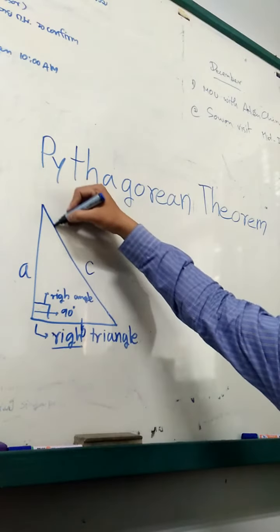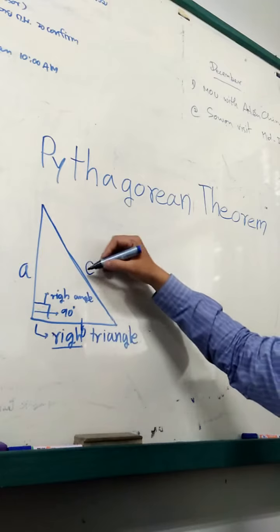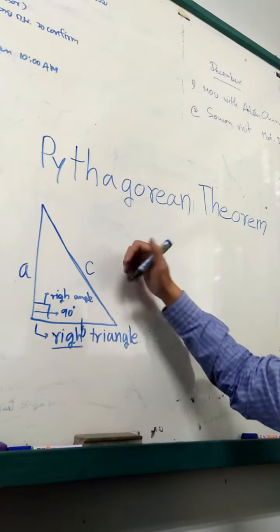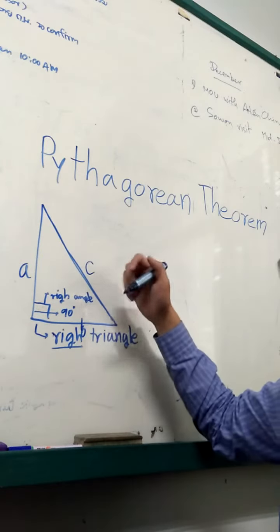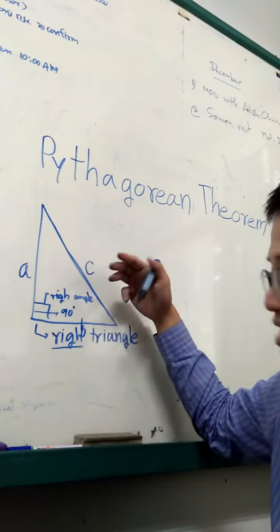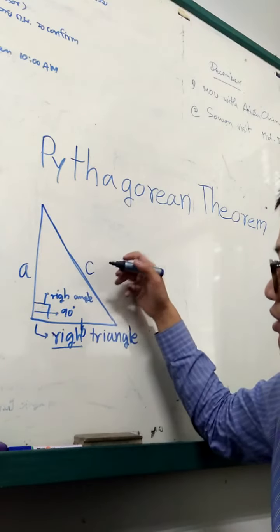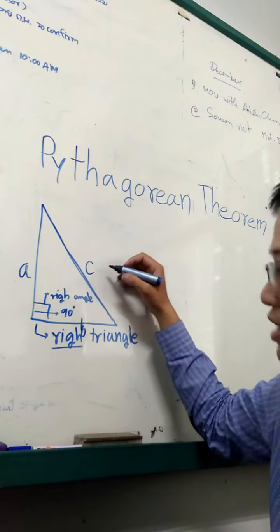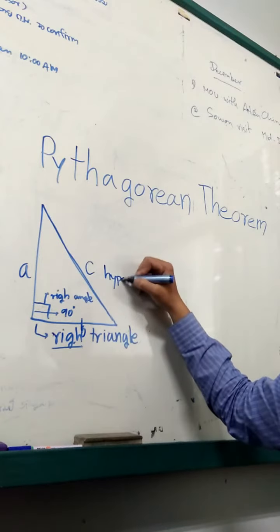This is the longest line, C. It is called the opposite of the right angle, or as we know it, the hypotenuse.